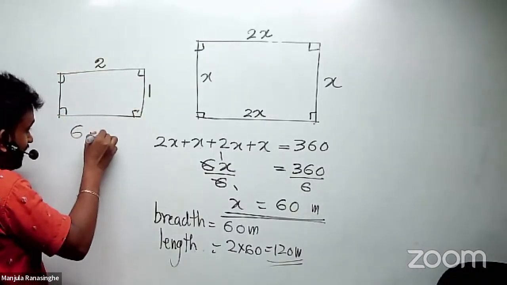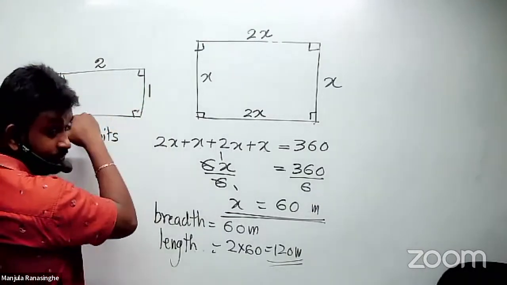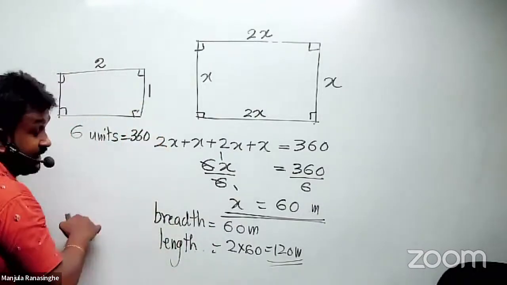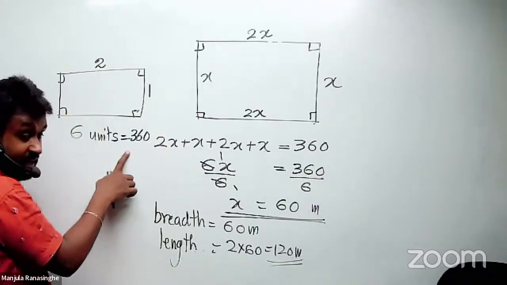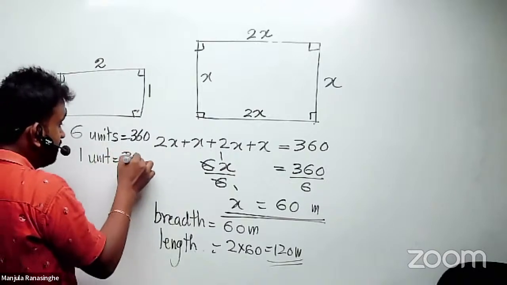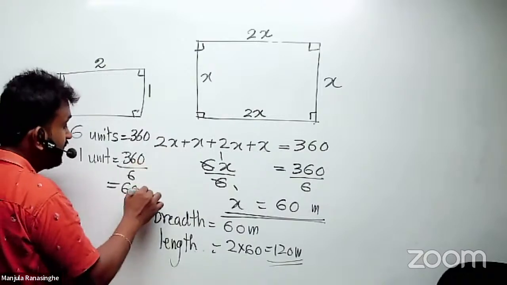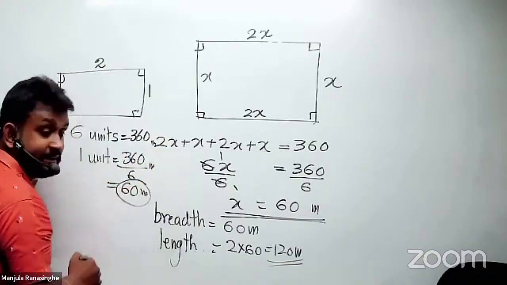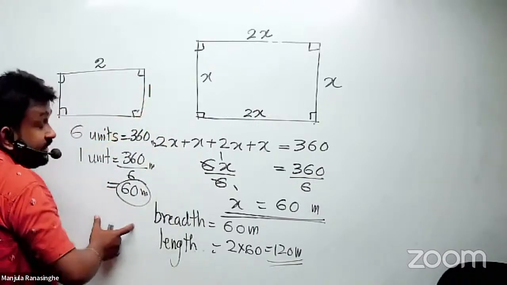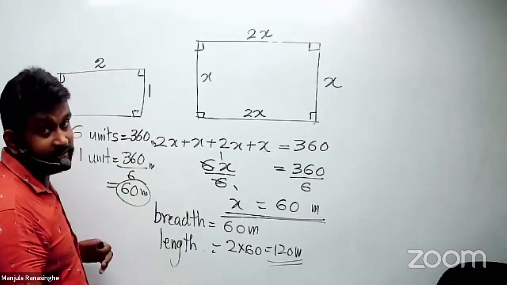So 6 units: 2 plus 1 is 3, 3 into 2 is 6 units for the perimeter. The perimeter is 360, so 6 units is 360. What is 1 unit? 360 divided by 6 gives 60 meters. So 1 unit is the breadth, 60. The length is 2 units, which gives 120. So that is how you deal with it.